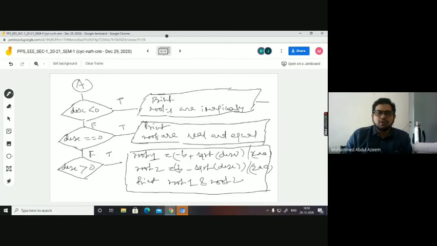So when this is false, you come on to the next statement or stop, right? When this condition is true, you check these conditions, and when all of these are false, you then come to the end. If this is false, then you again check the discriminant equal to 0. If this is true, then you print this. But after that, you again check this condition, then you come to the end when it is found to be false.